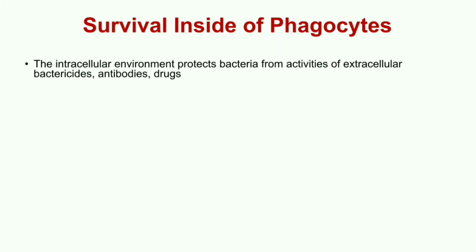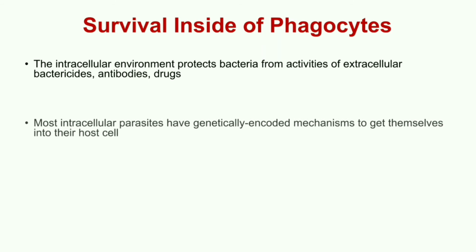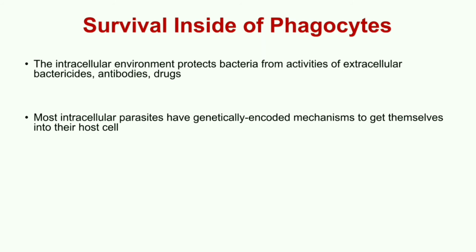The intracellular environment hence protects the bacteria from the activities of extracellular bactericides, drugs or antibodies. Many intracellular parasites hence have a special genetically coded mechanism to get themselves into the host cell as well as a special mechanism to survive once they are inside the cell.